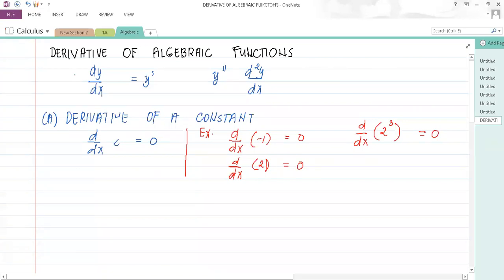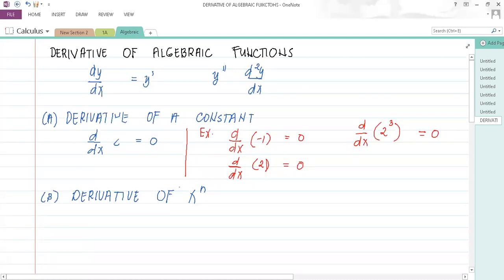Okay. So that is for the derivative of a constant. Next we will be discussing the derivative of a power rule, or the derivative of x raised to n.